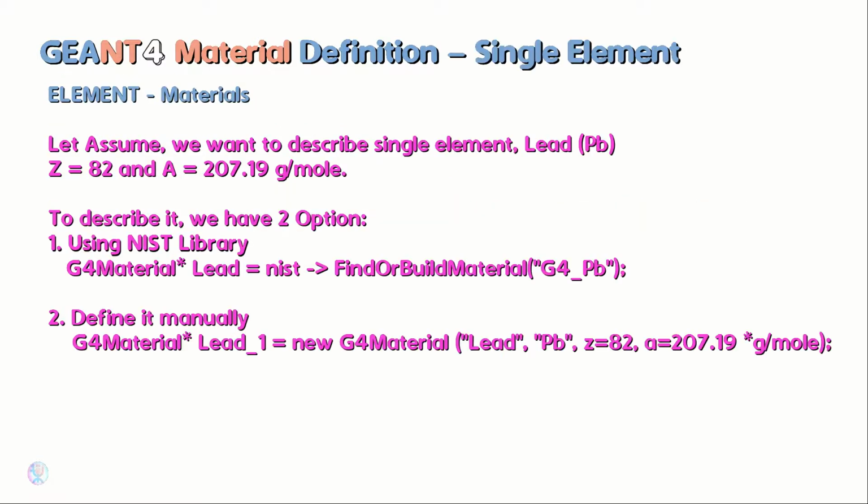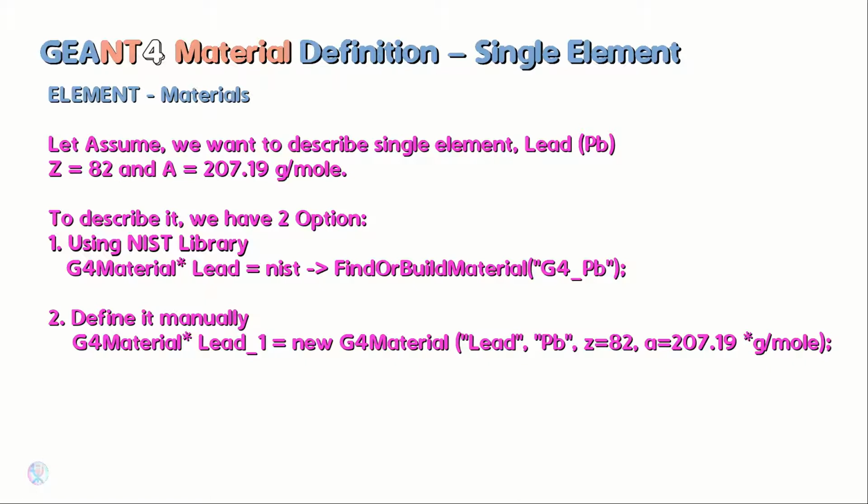Okay, now this is the element. Let's assume that we want to describe a single element called lead. This lead has the atomic number of 82 and the atomic mass of 207.19 grams per mole. And then you have two options to define this material.